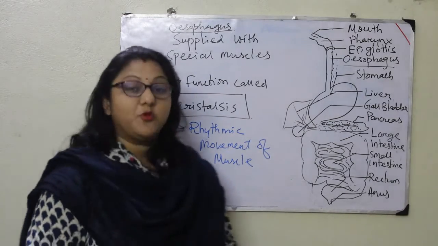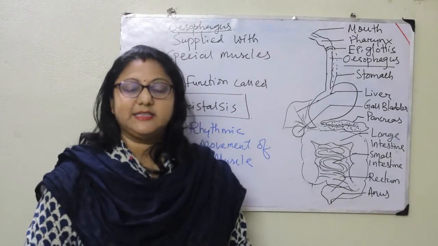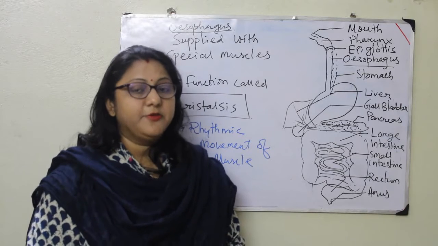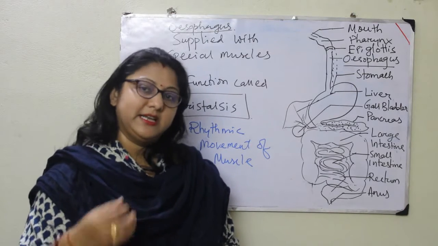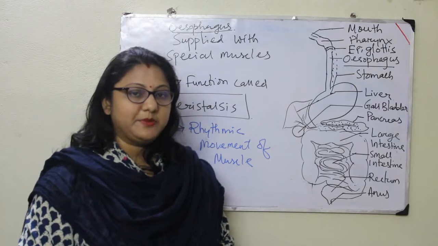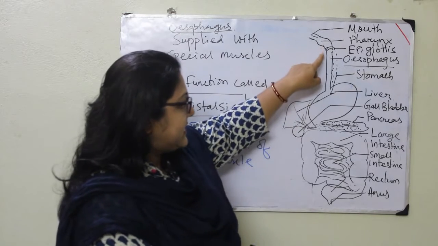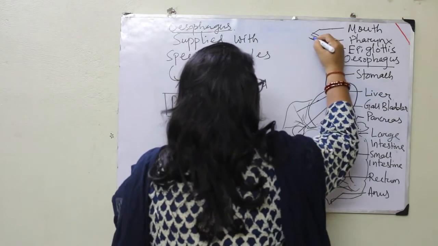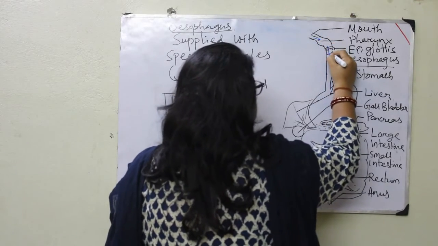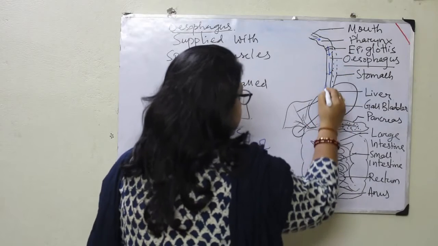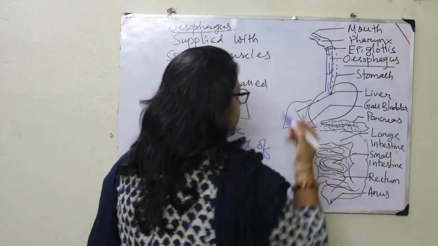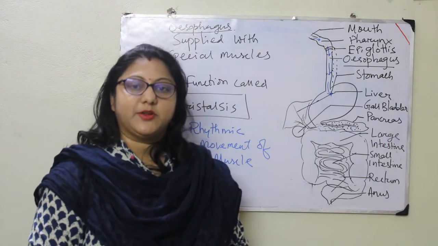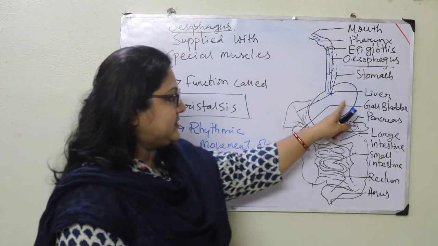So this rhythmic movement is not only found in the esophagus, it can be found in many different parts of our body where the peristaltic movement is required. So finally what happens? The esophagus sends the food. Now the food is coming from the mouth, and now it is going to reach the stomach. Clear? So the next part we are going to discuss is our stomach.